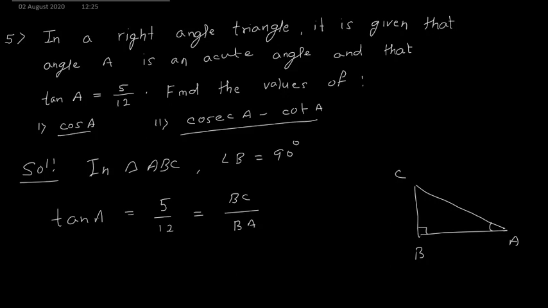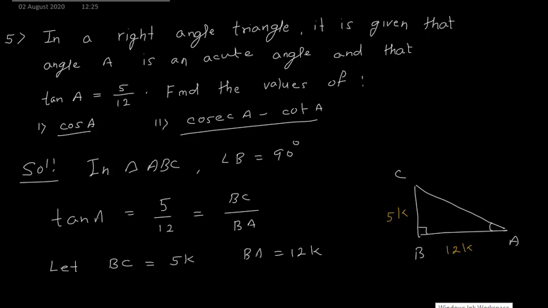As the ratio is given, I can assume let BC as 5 times K and BA as 12 times K. Okay, so when a ratio is given, we can assume some common multiple. So BC will become 5K and BA will become 12K.